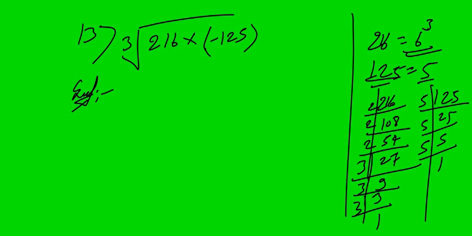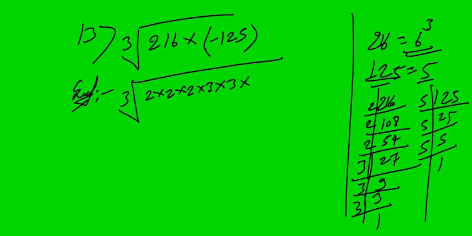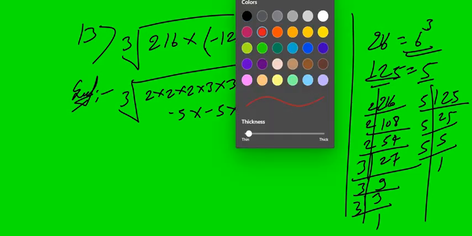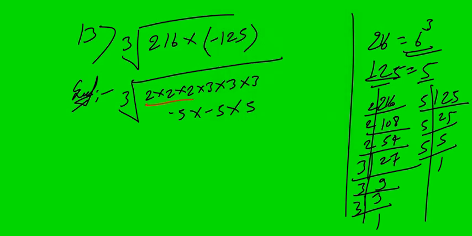So what will you write here? 2 into 2 into 2 into 3 into 3 into 3, this is the cube of 216. Then minus 5 into minus 5 into minus 5, this is the cube of minus 125. Now we have to make the triplets. This is the first triplet of 2, this is the triplet of 3, and this is the triplet of 5.